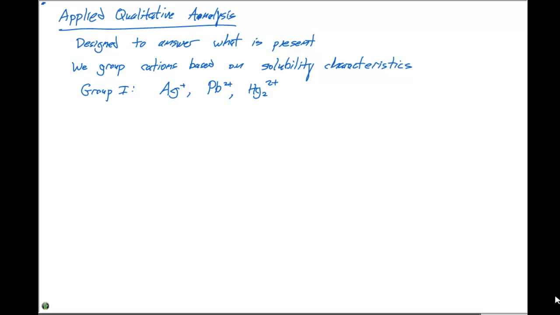In terms of all the cations, these are the most insoluble, and this group will precipitate with chlorides. And these are kind of the exceptions to the solubility rule, because silver, lead, and mercury will precipitate out with just about anything. So we put them into group 1.